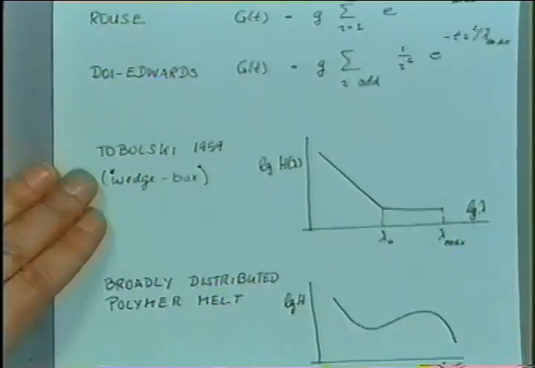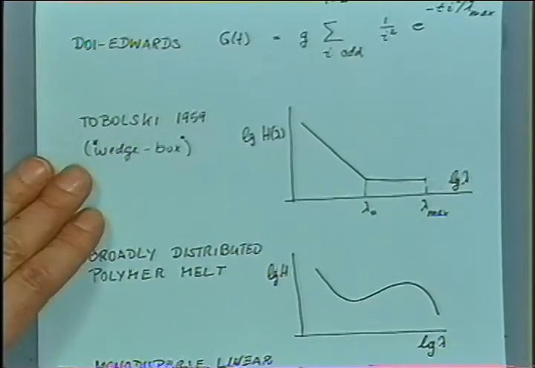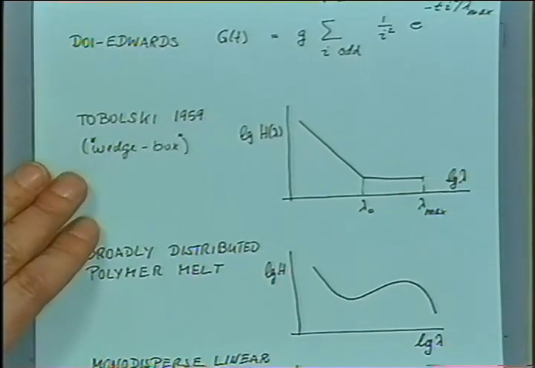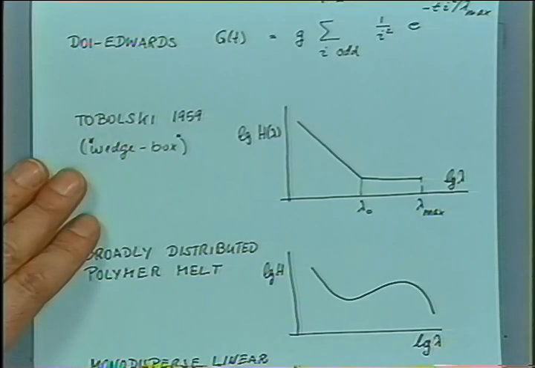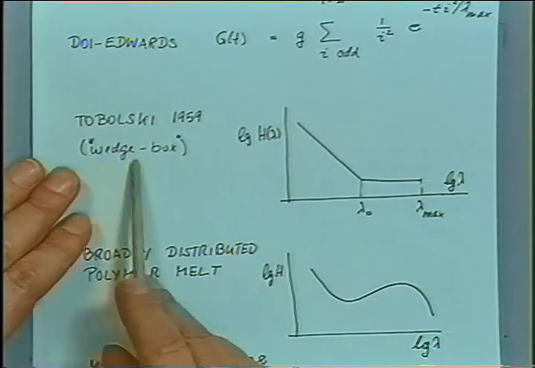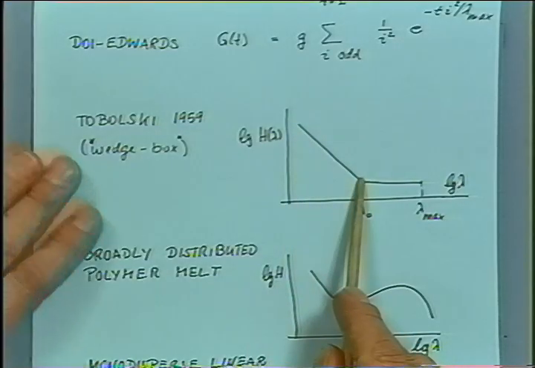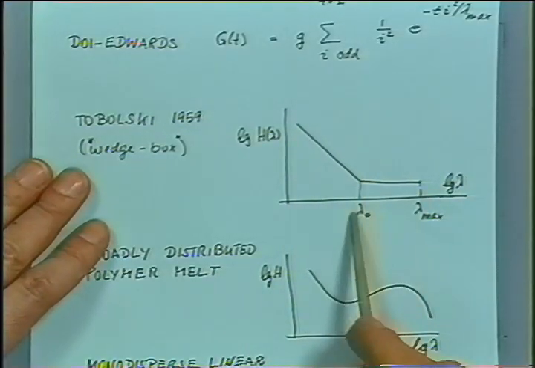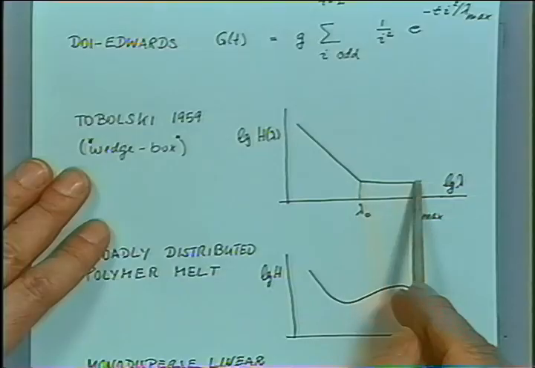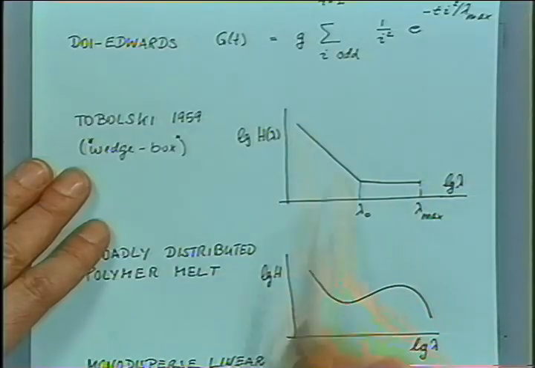Now, one of the oldest attempts to get the spectrum was proposed by Tobolsky in 1959. He wrote the so-called wedge box model, where he said he has a spectrum decaying in time as such, and then after some shorter time, it stays constant. So this would be the box, and this would be the wedge.